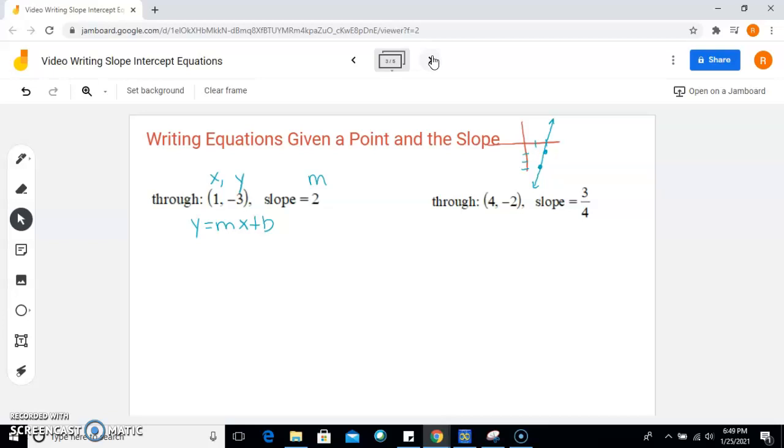So I have my y value, which is -3, equals my m, which is 2, my x, which is 1, and then the b value we don't know, so it's staying plus b. First thing we have to do is multiply. 2 times 1 is 2, so I'm just going to bring everything else down.